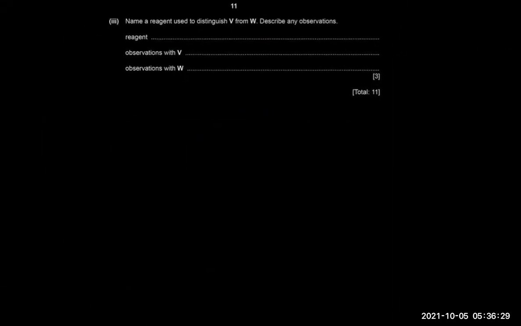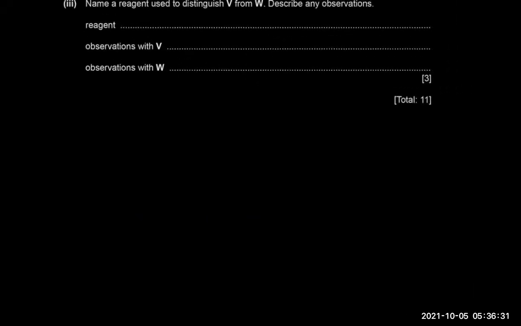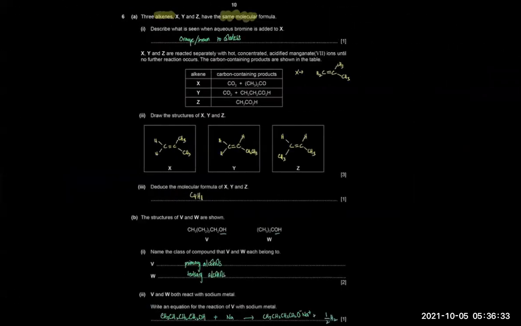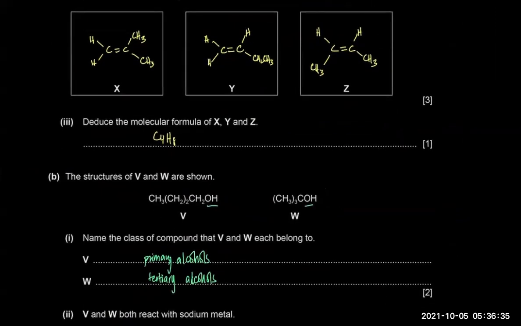Name a reagent used to distinguish V from W. How do I distinguish a primary alcohol from a tertiary alcohol? What kind of reaction will a tertiary alcohol not undergo? Oxidation. So if I use any oxidizing agent, I can use KMnO4, primary alcohol will go purple to colorless, right? Tertiary, no change. If I use dichromate, orange to green for primary, no change for tertiary.